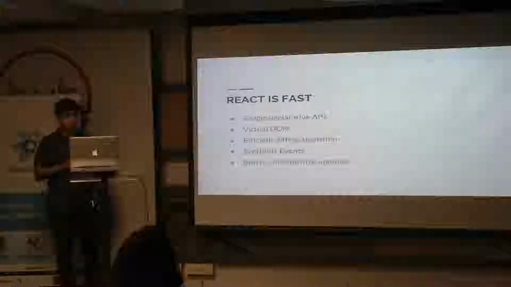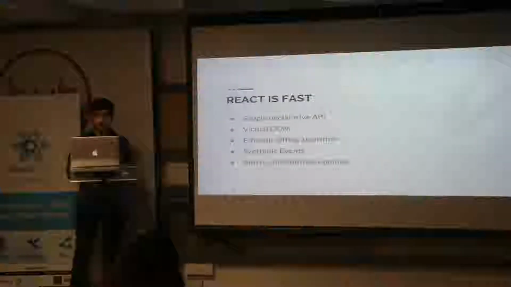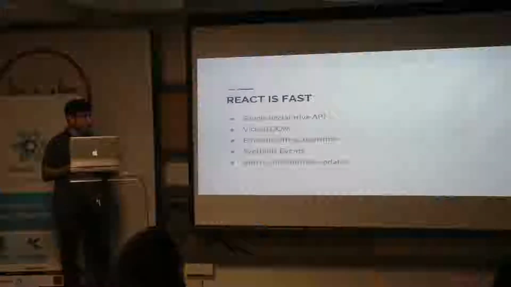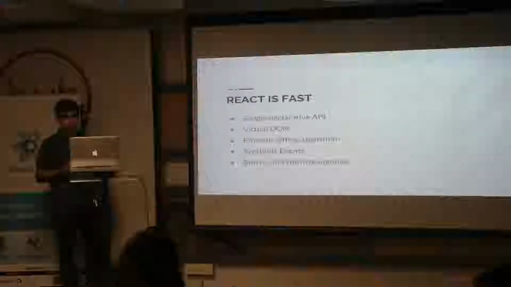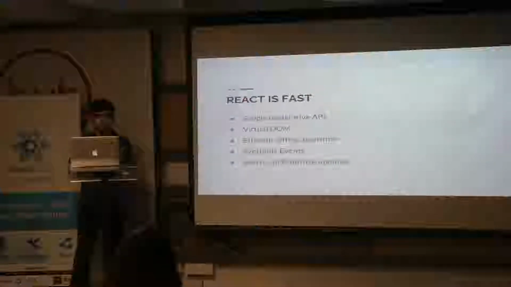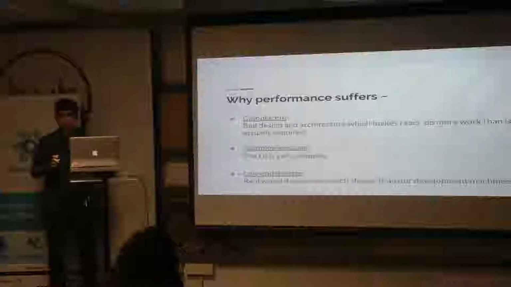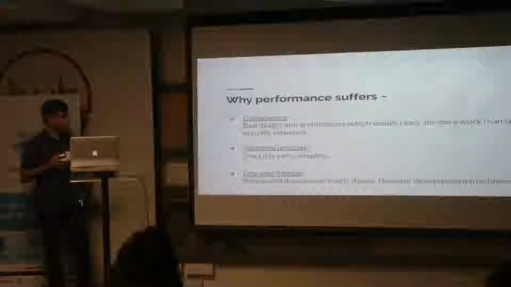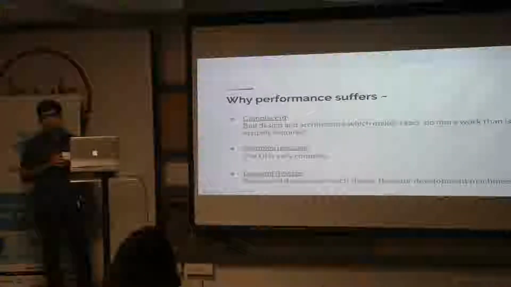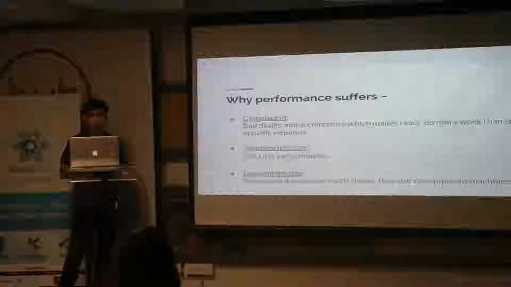Okay, so let's state the facts first. React is fast, right? With things like a simple declarative API, virtual DOM, efficient diffing algorithm, synthetic events, fast and prioritized updates with Fiber, React is one of the fastest libraries to work with. But still, performance can suffer in React. The primary reason is inconsistency and bad design and architecture, which makes React do more work than is actually required.